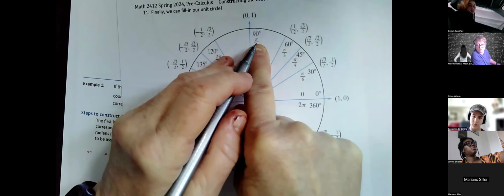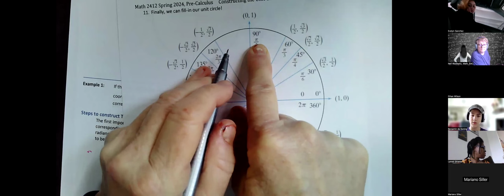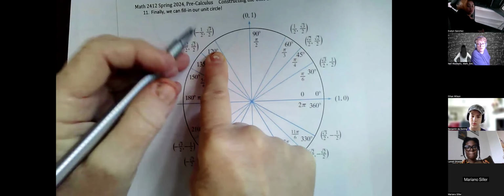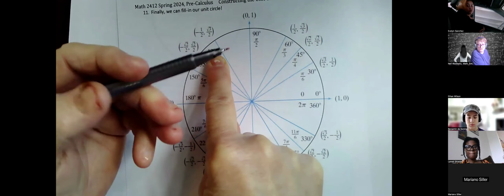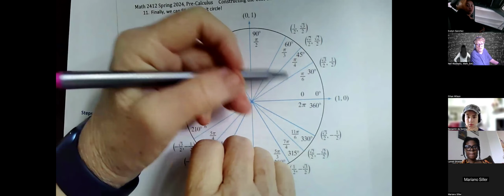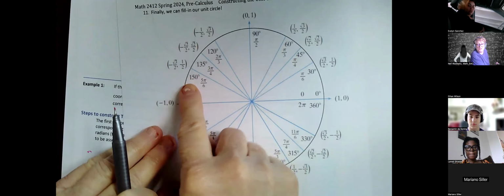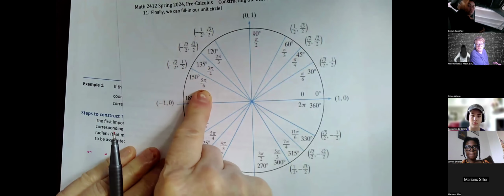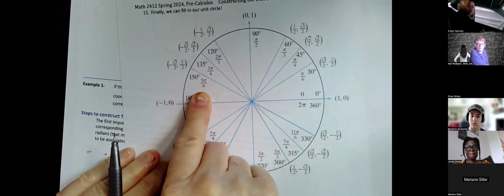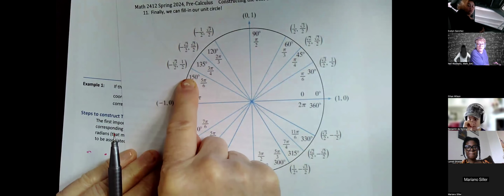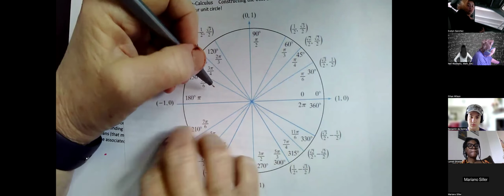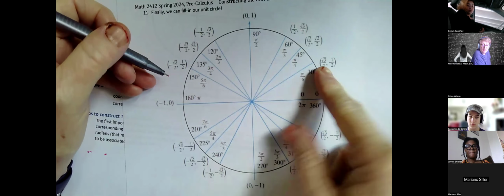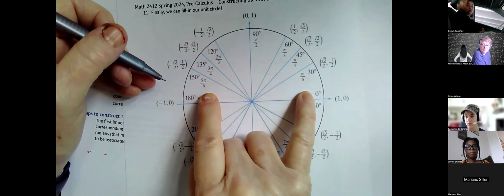Yeah, and if we add 30 another time? 120. Yeah, and that's the 60-degree angle. So we have to add 30 five times total in order to get to the first angle that doesn't reduce. So 5 pi over 6, or 150 degrees, is the 30-degree angle. So these are going to be the same, and they've got the same denominator.